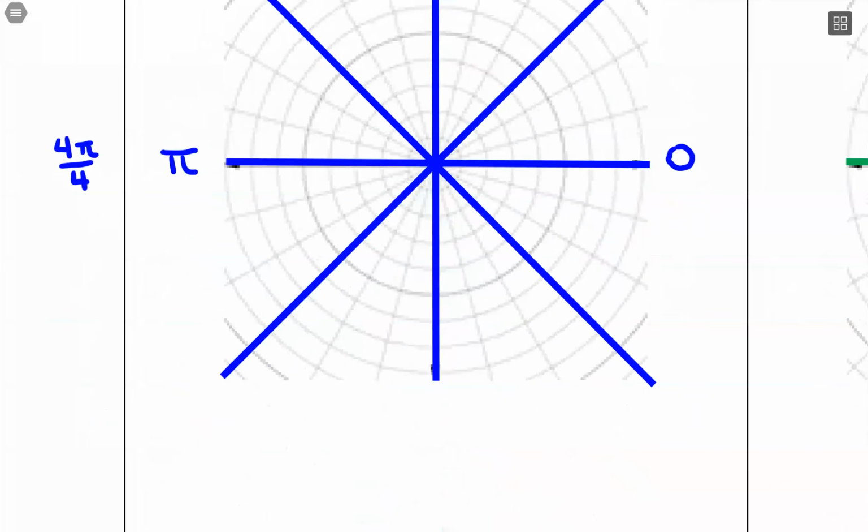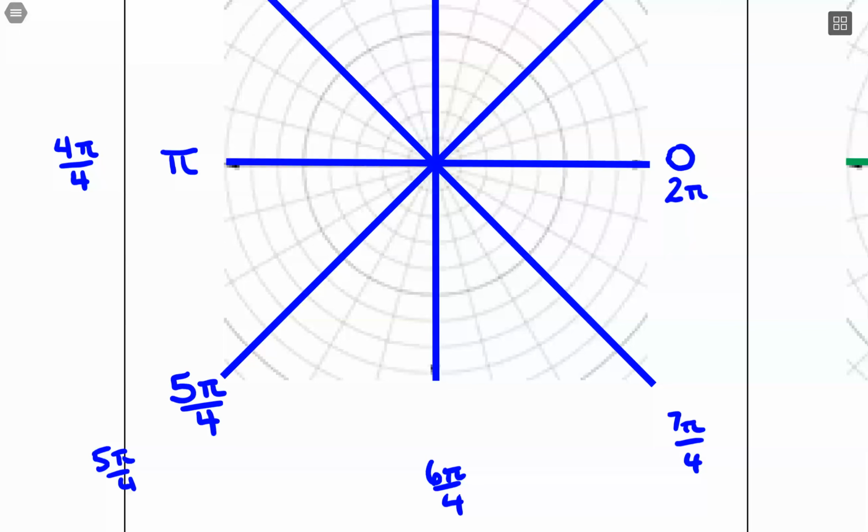And I could just do this all the way around. Like this would be 5 pi over 4, 6 pi over 4, 7 pi over 4, and then getting to 8 pi over 4, which is just 2 pi. I'll write these closer. I like to write them off to the side just in case I need to reduce down. That doesn't reduce. This does. This is 3 pi over 2, and this is just 7 pi over 4.